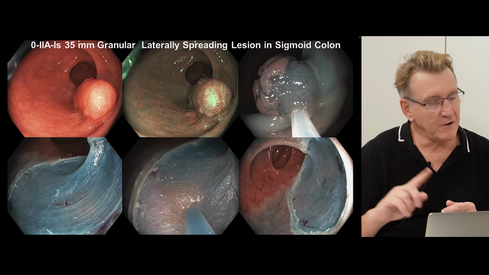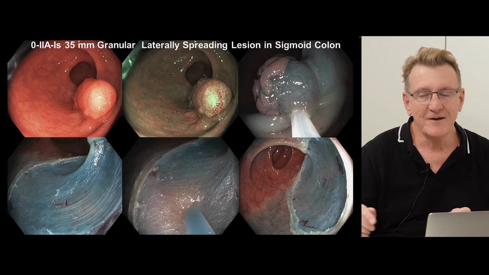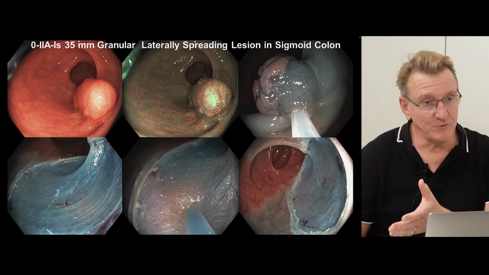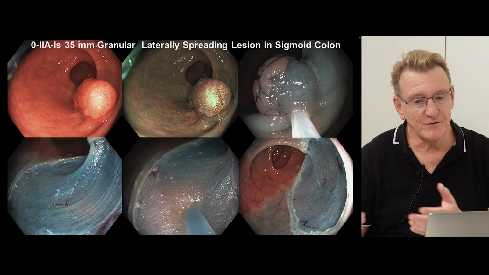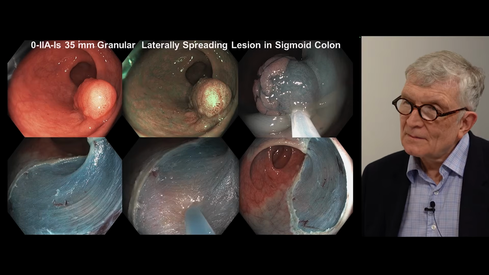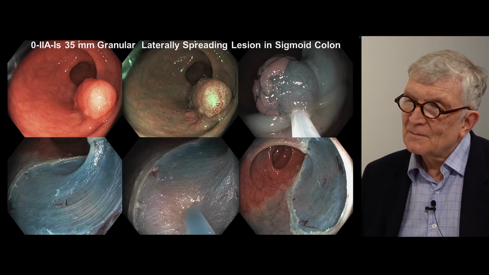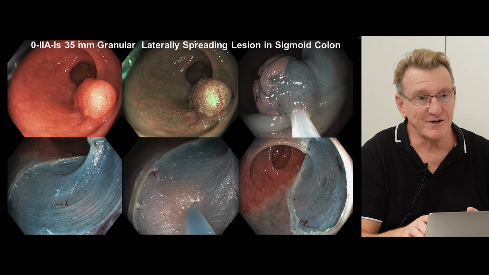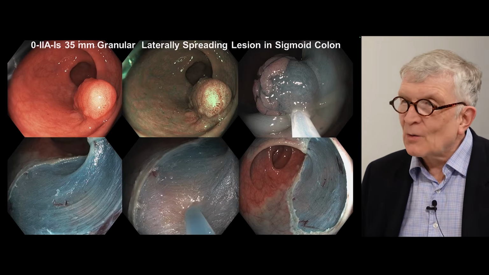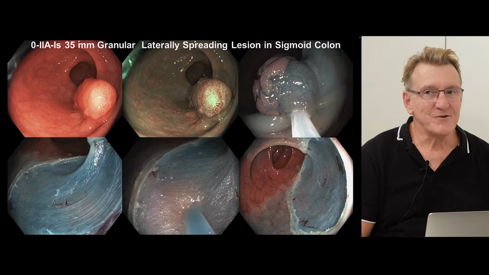When you go to recovery half an hour later and you see that patient grimacing, the first thing you do is make sure the patient's stable, examine them, talk to the nurses and so on, give pain relief, but come back and look at your images. Your images will tell you whether there's a problem with your resection. So the tendency, oh thank God, it's over, let's run away quickly, is the wrong one, right? The wrong one.